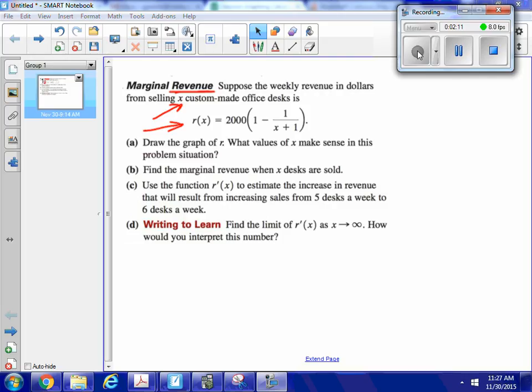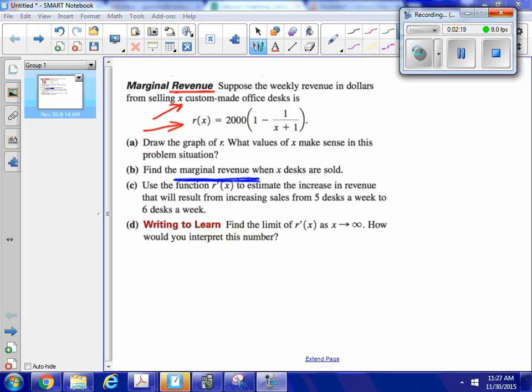The next question asks me to find the marginal revenue when x desks are sold. So marginal is a concept that deals with rate of change. What it's saying is that if I make one more desk, sorry for the pause there, Smartboard's acting up.